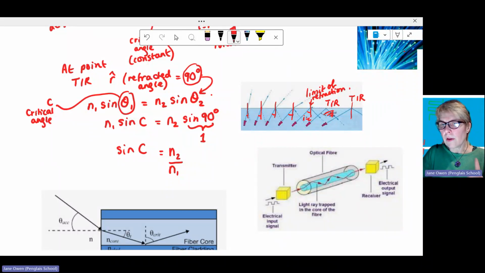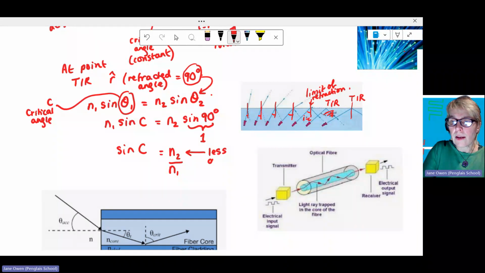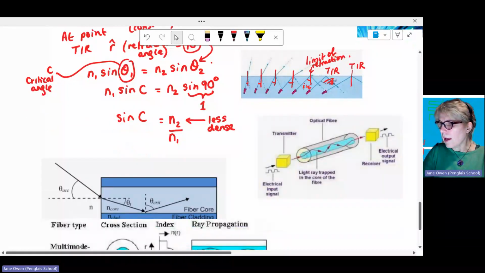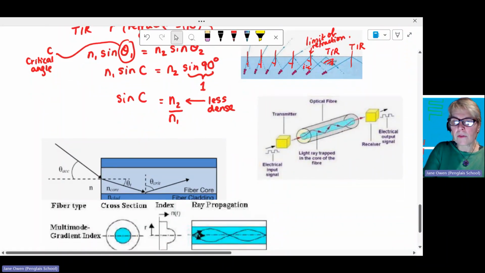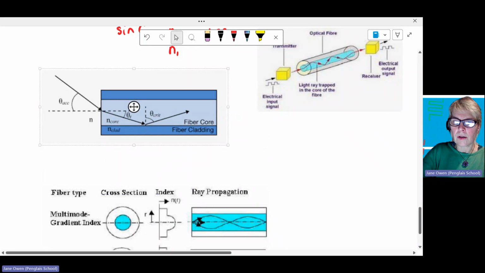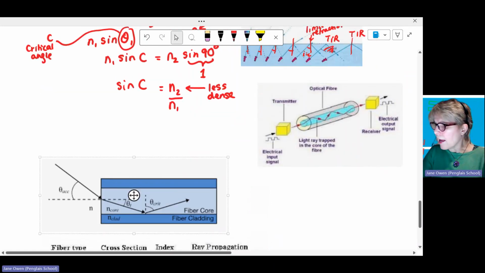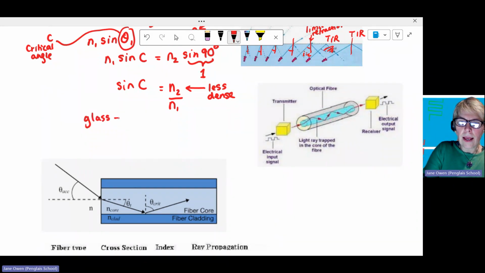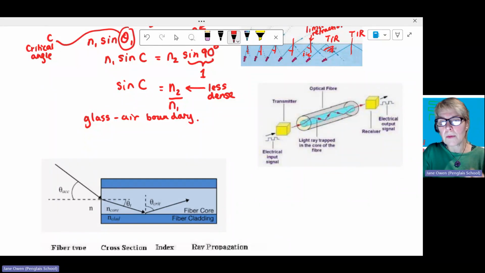Remember, n2 is the less dense one, because the light is trying to go from the more dense glass into the less dense air. So for example, for a glass-air boundary, where the light is going from the glass into the air, because total internal reflection doesn't happen the other way.